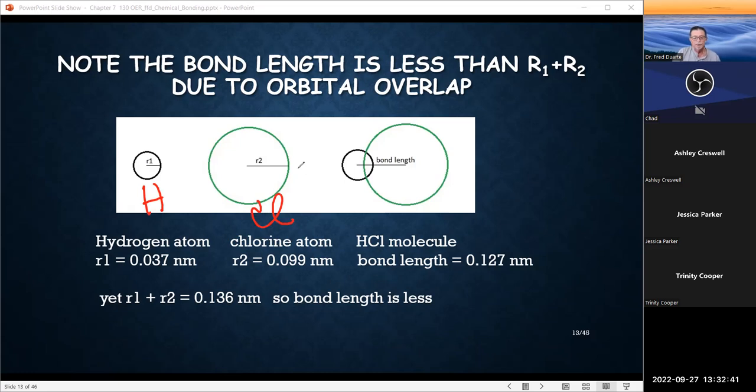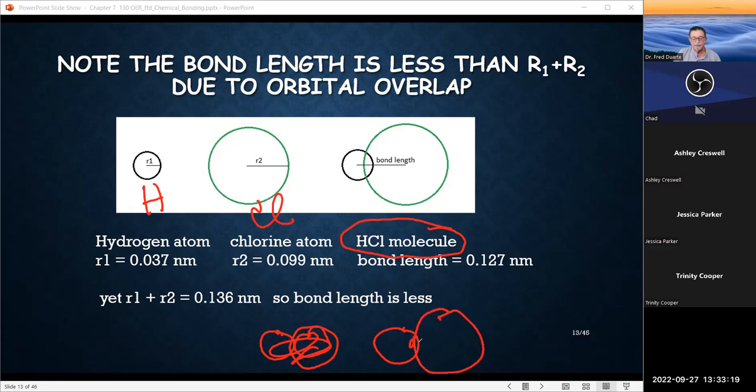If we were to put them together to make this compound, which is a covalent compound because it involves nothing but nonmetals, hydrogen's a nonmetal, chlorine's a nonmetal, to generate HCl, which is hydrochloric acid or hydrogen chloride, which is what we find in our stomach, we would anticipate that they would come together where the hydrogen and the chlorine just touch, and that would be the bond interaction.